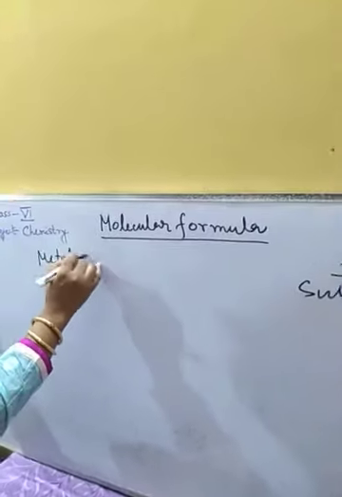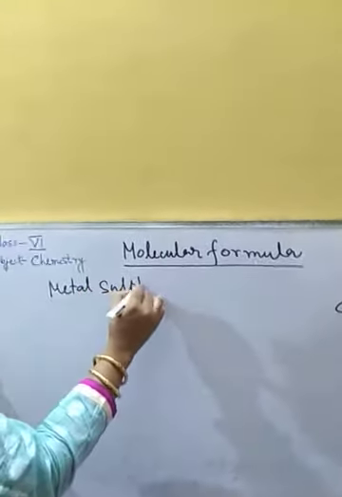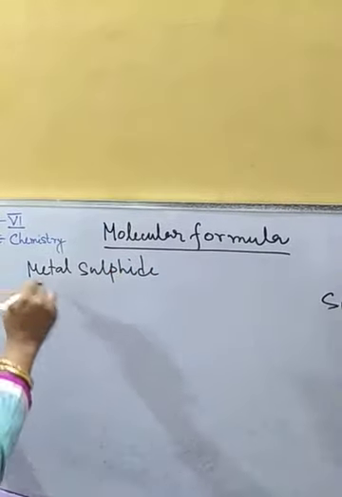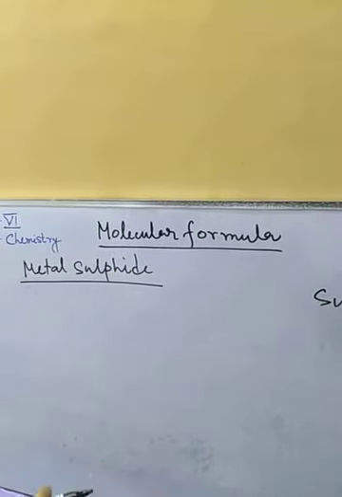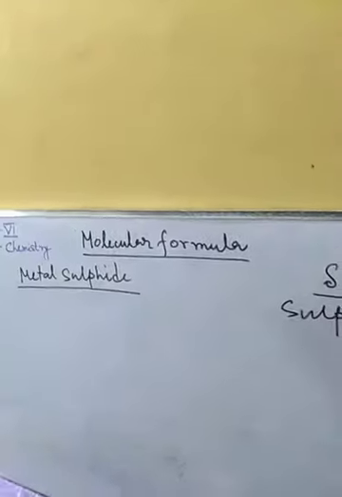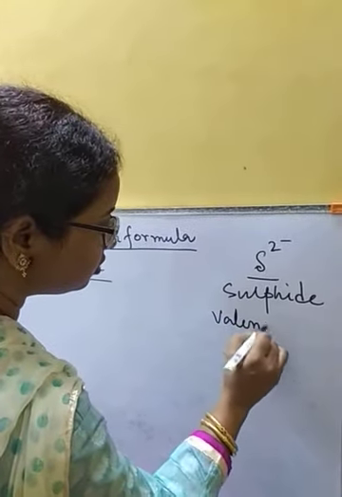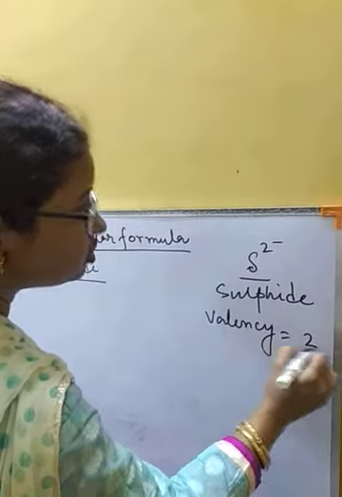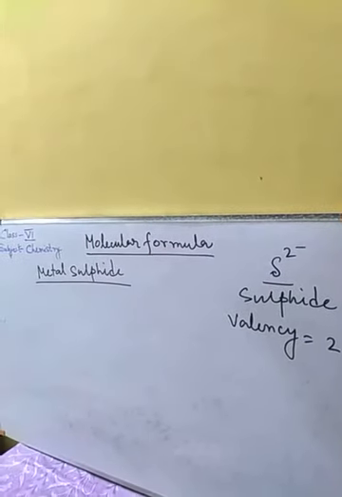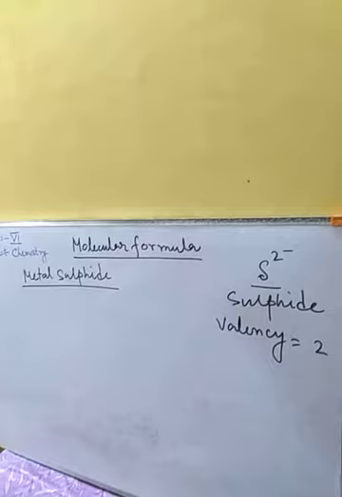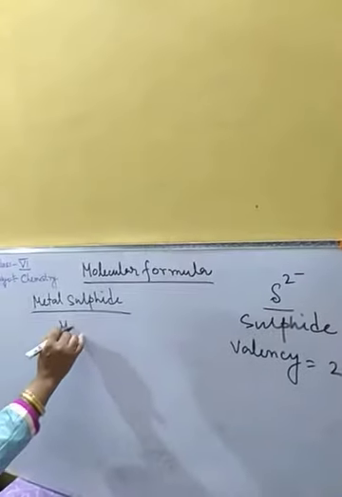So metal sulfides. The sulfide radical we represent in this manner, which means the valency of sulfide is 2. Suppose we have magnesium.